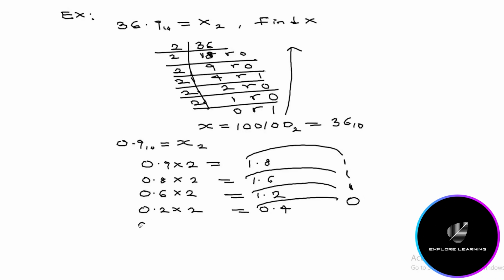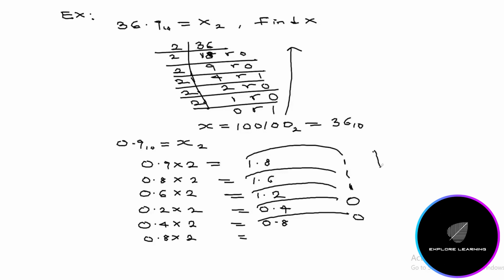So we have 0.4 multiplied by 2. So that will give us 0.8. So we take the value before the decimal point, which is 0. So we say 0.8 minus 0. So that will give us 0.8. So if you continue this, we'll keep getting 0. At this point, we can actually stop the rounds of multiplication because the value will not converge.